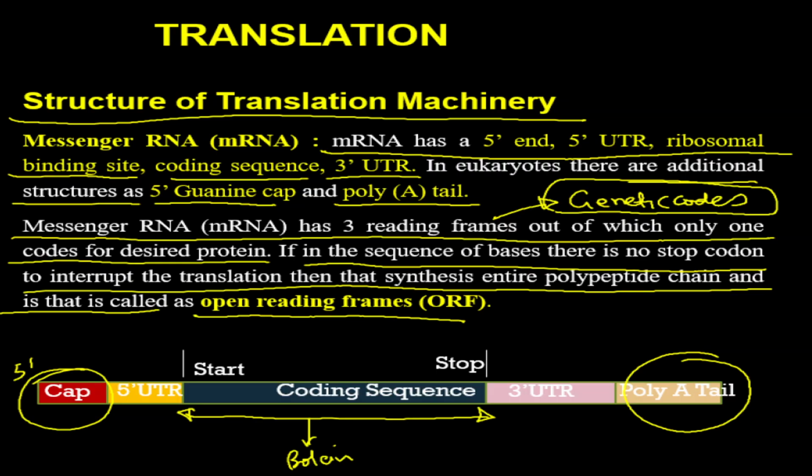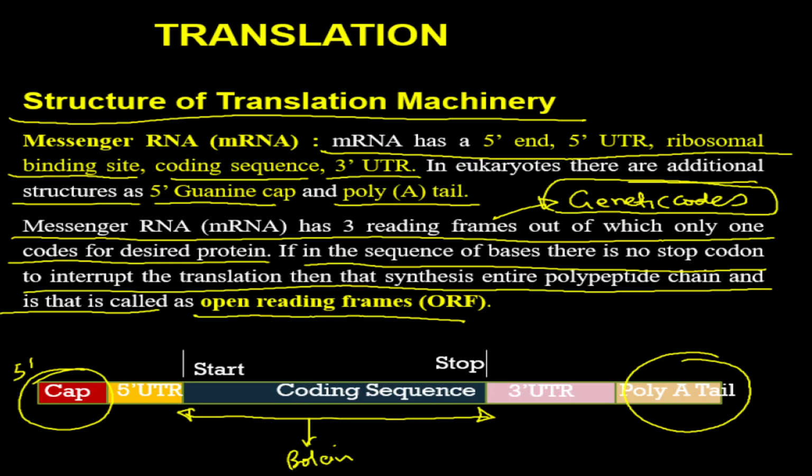In eukaryotes, there are additional structures such as the 5' guanine cap and poly A tail. The cap is present at the 5' end above the 5' UTR, and the 3' poly A tail is present below the 3' UTR. This is to protect the mRNA from getting degraded and attacked by different enzymes. This is a very important modification that happens in an mRNA.